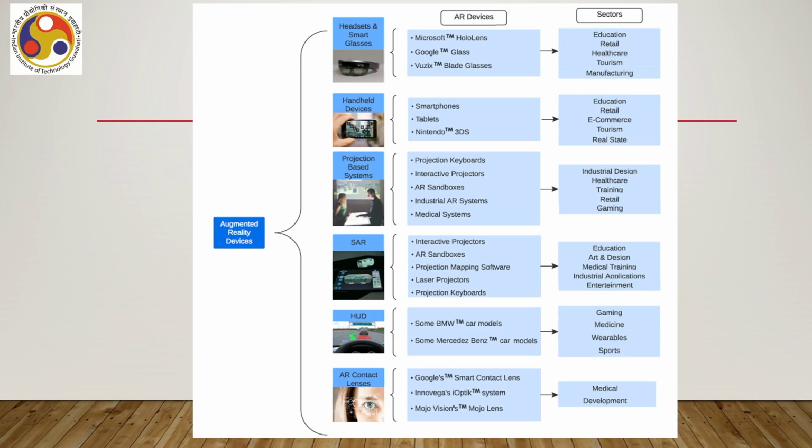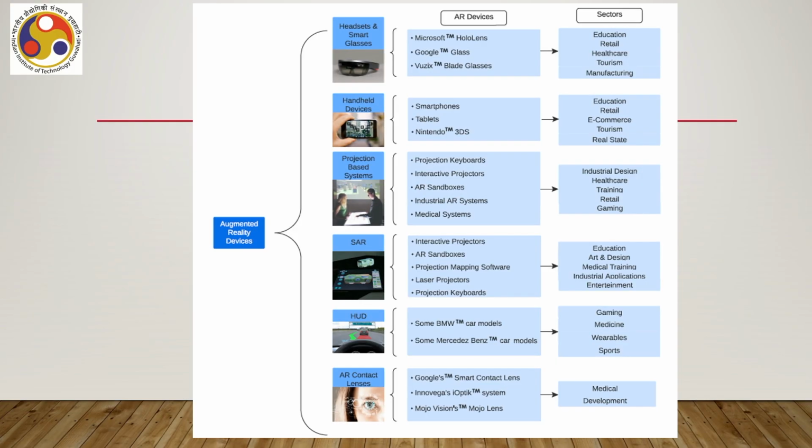This is a summary of different types of AR hardware. In subsequent parts of the lecture, we are going to talk in a little bit more detail about each of these categories of hardware. If we consider all augmented reality devices, then there can be different categories of such devices.